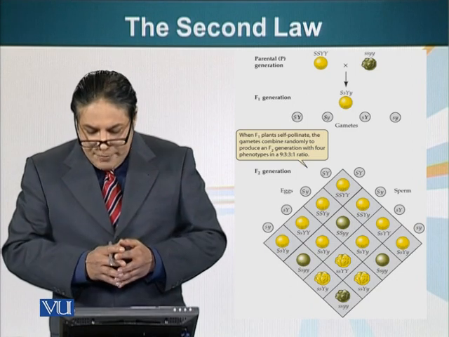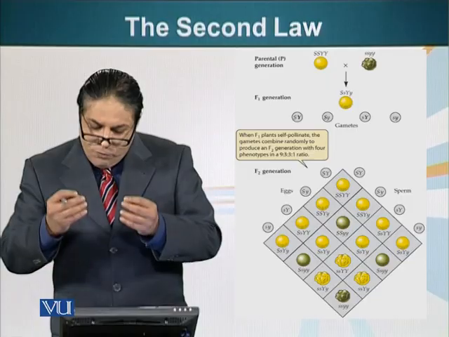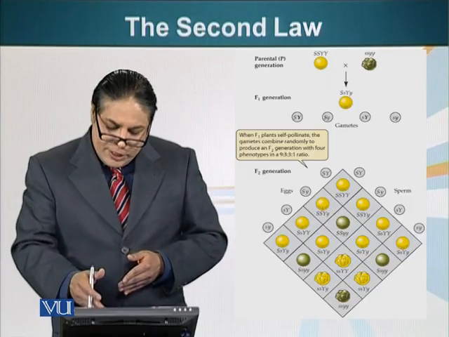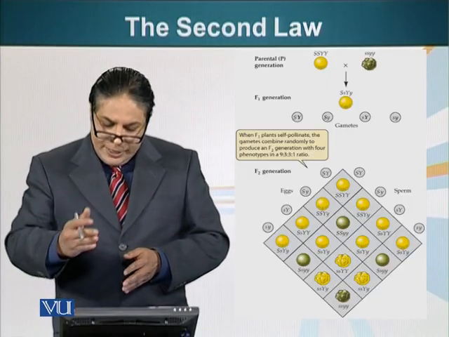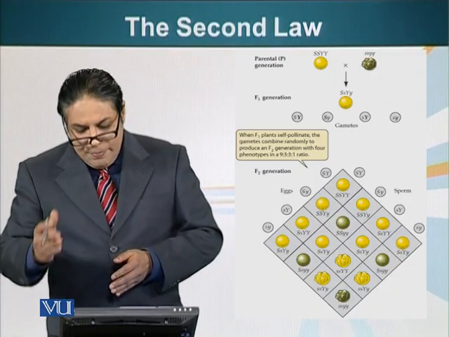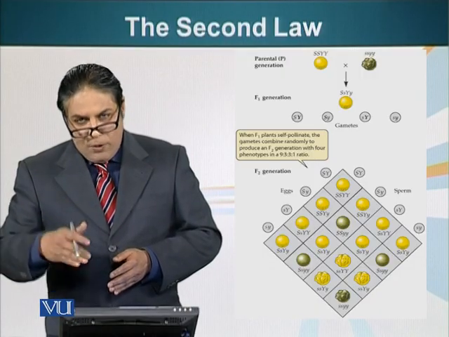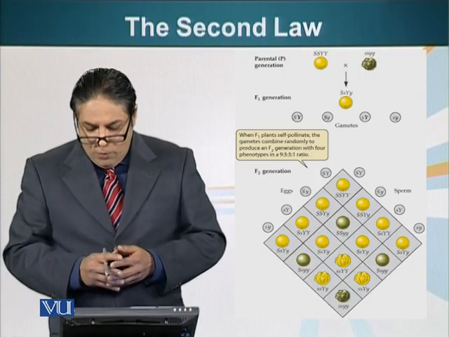So let's make the gametes. This F1 generation will make 4 types of gametes. Capital S can go with capital Y, capital S can go with small y, small s can go with capital Y, and small s can also, of course, go with small y.